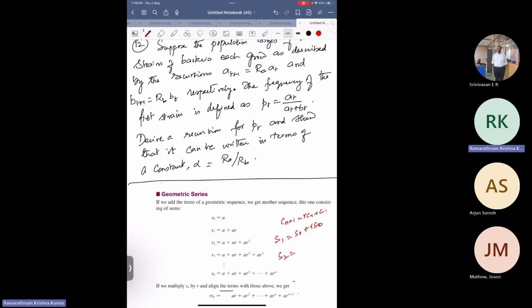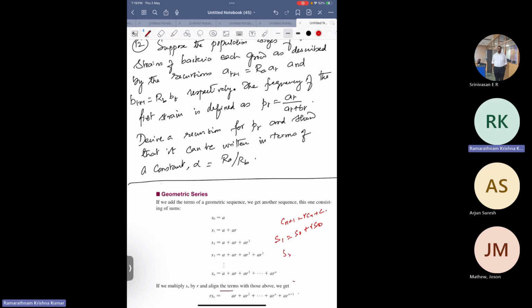S2. What is S2? S2 is equal to A plus R. What are the first two terms? S1 plus S naught into R square. No, don't write like that. I have to rewrite it in a fashion. So how should I write actually?